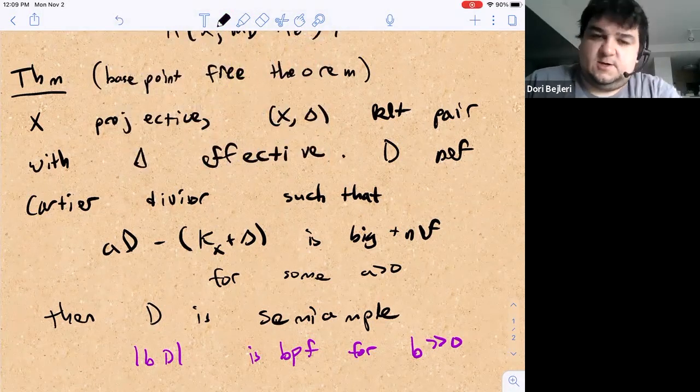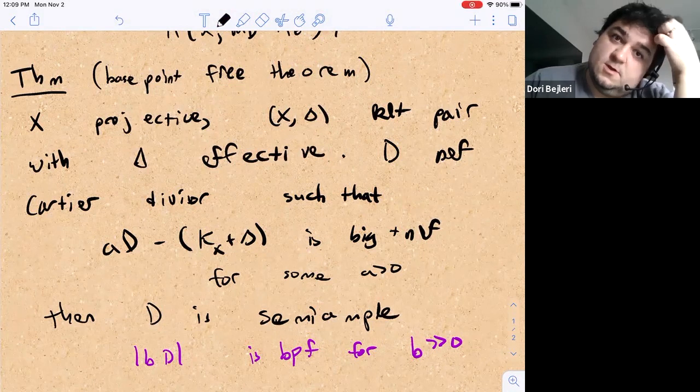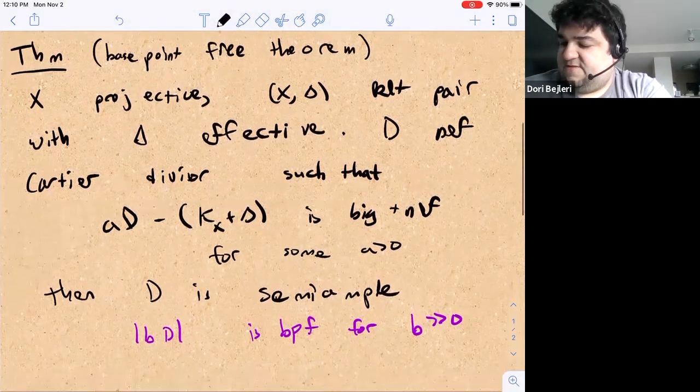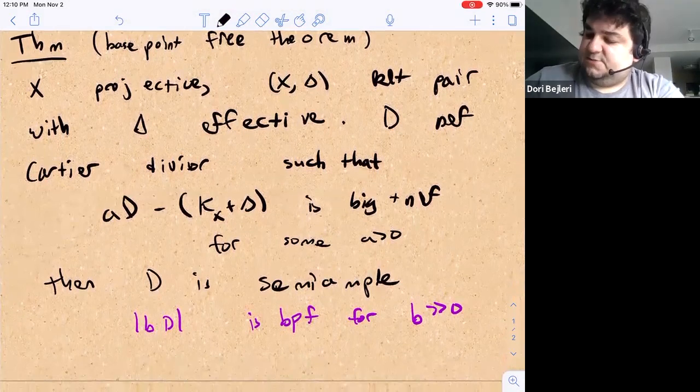And then last time we also stated the rationality theorem and the cone theorem. I won't restate those today because we won't prove them today. But I wanted to say a very brief outline of the interrelation between these theorems.